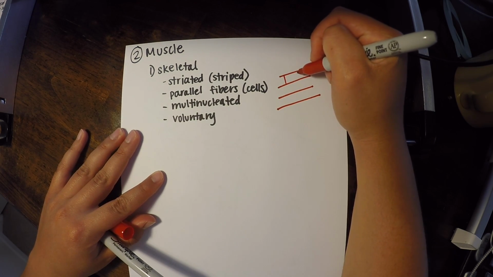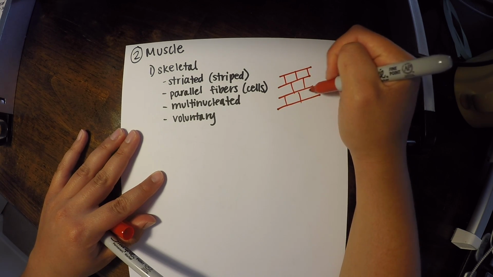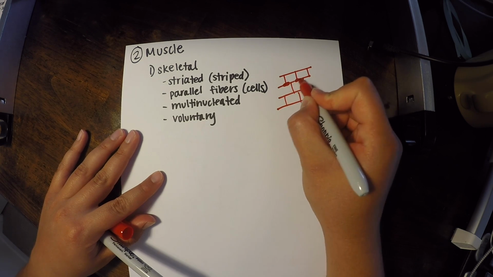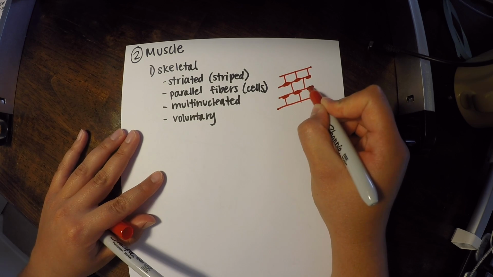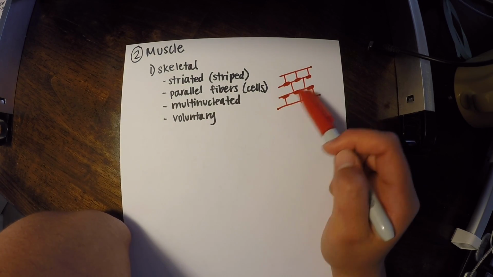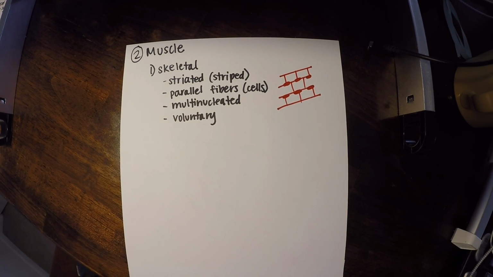And there's going to be a bunch of cells in it. And there's also going to be multiple nuclei. So remember, they're striped, they're parallel, they have multiple nuclei, and you can contract them voluntarily.